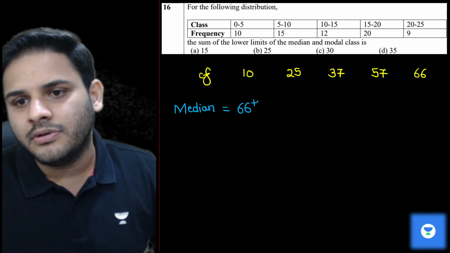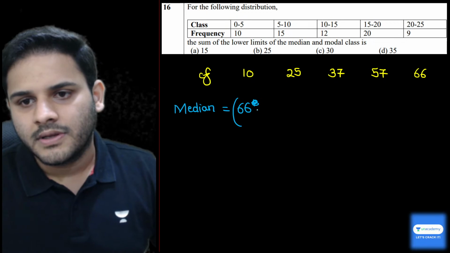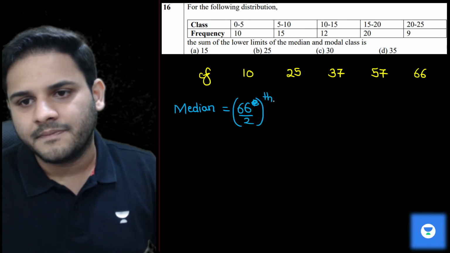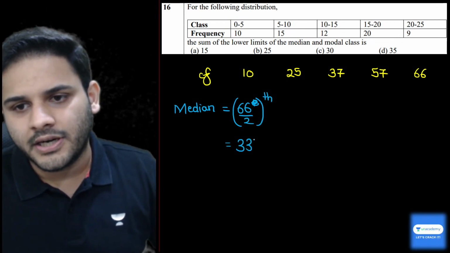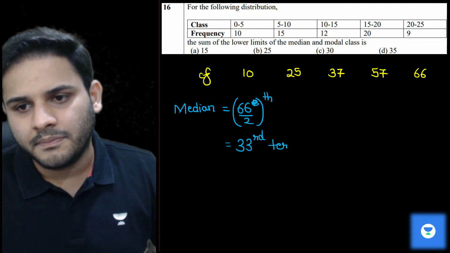Median is equal to 66 divided by 2. So 33rd term.